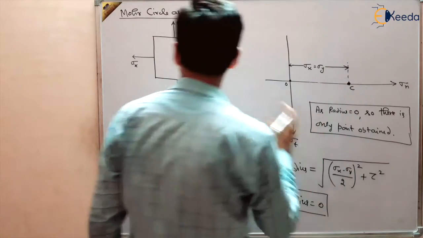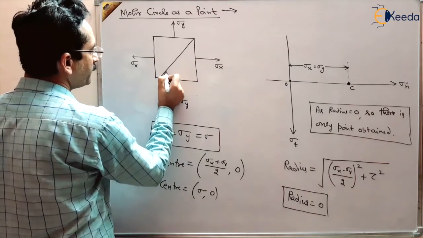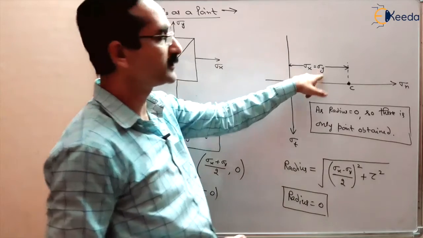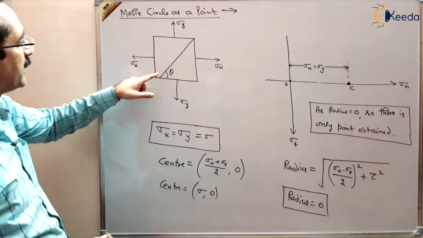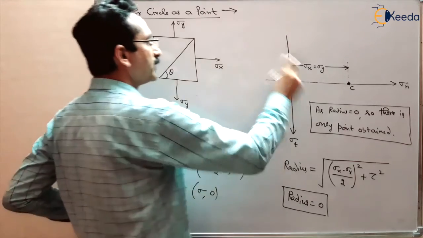So at any stress element, we will get the same value of sigma x and sigma y, and tau will be equal to 0.